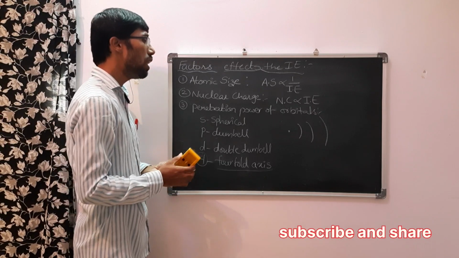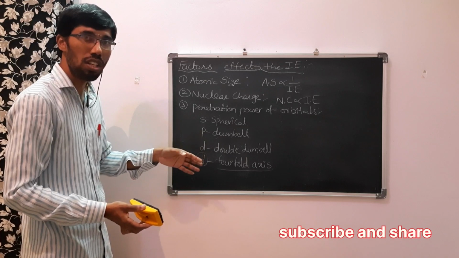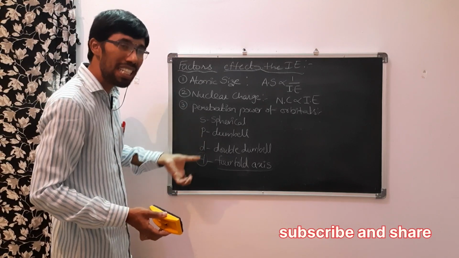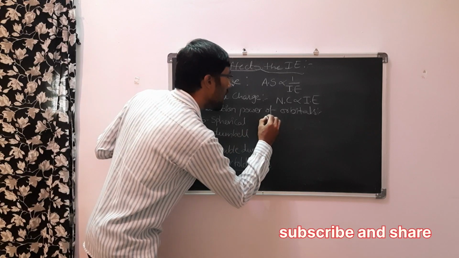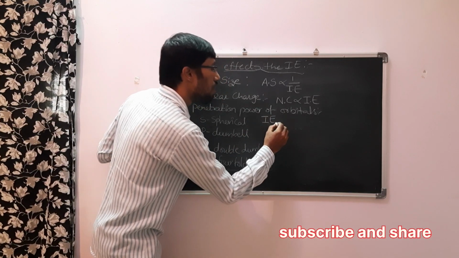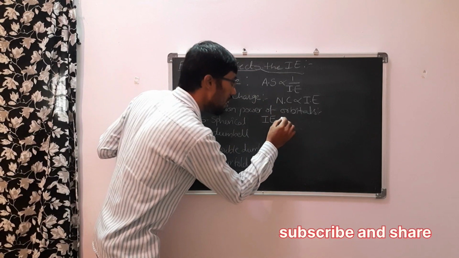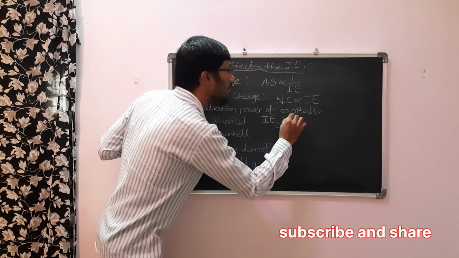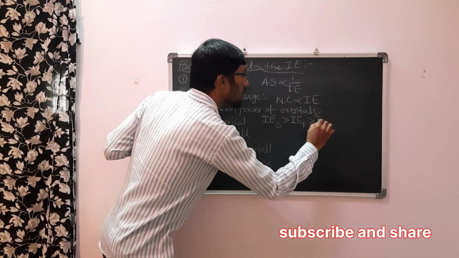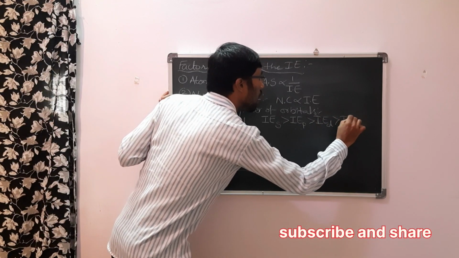So when we observe the ionization energy of an electron removed from these orbitals, the order is this: the ionization energy for an s orbital electron is always greater than the p orbital, greater than the d orbital, and greater than the f orbital.